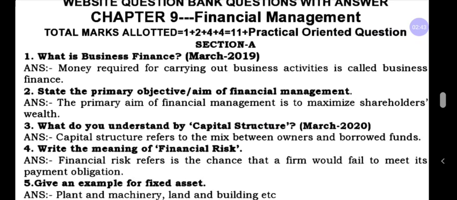Suppose it is very difficult for one person to invest, so you get some money from outsiders like a bank or friends, or a loan. All this is called borrowed funds. Understood? Capital structure is a combination of owner's fund and borrowed fund.